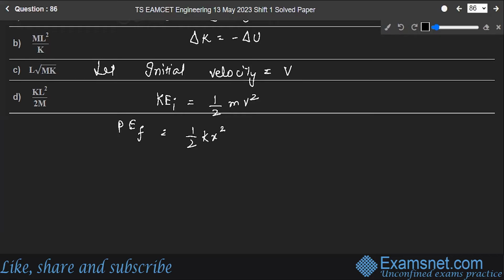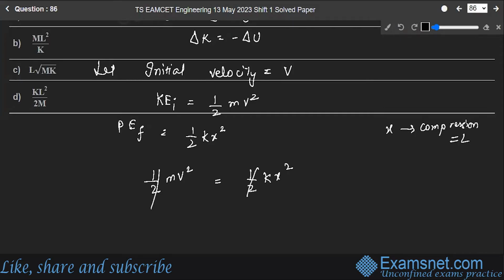According to the conservation of energy, half mv square is equal to half k x square, where x is your compression. In this question, you are given that the compression is equal to L.